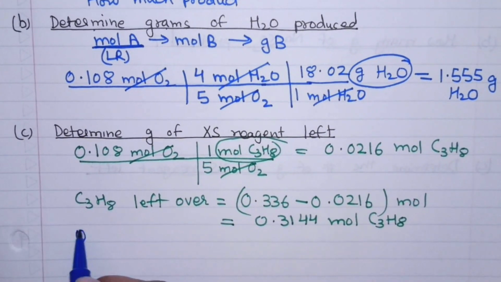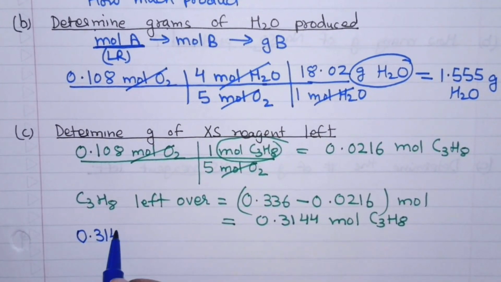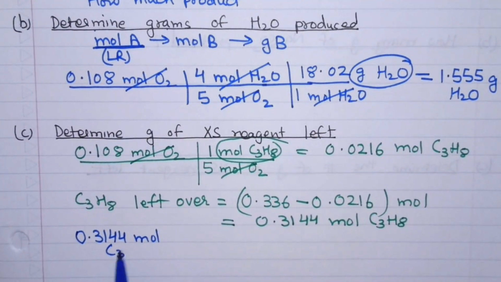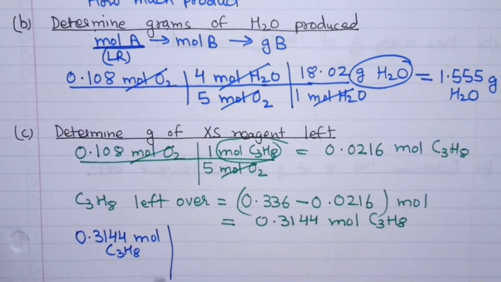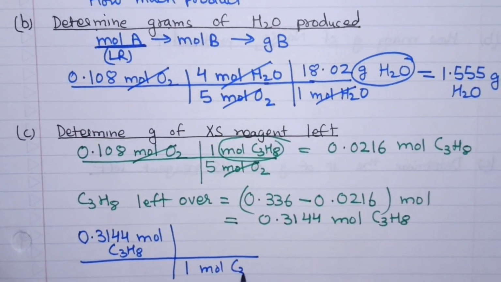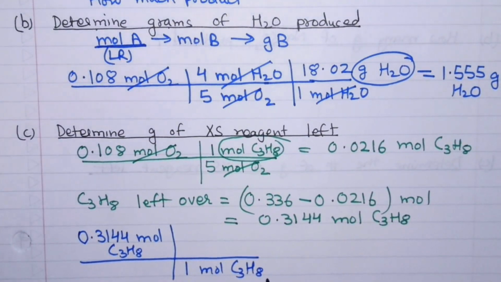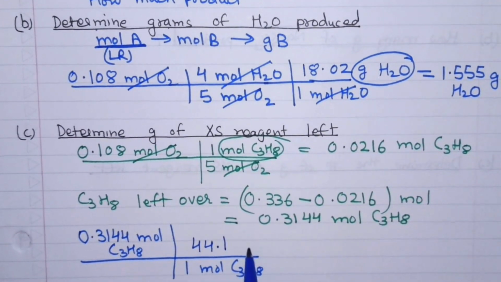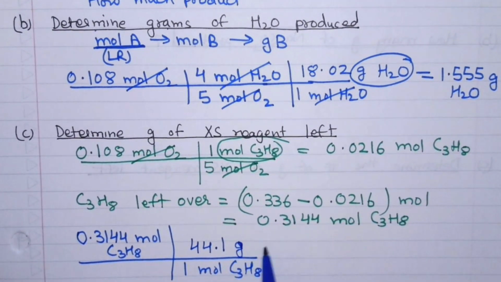So convert 0.3144 moles of C3H8 into grams. 1 mole C3H8 equals the molar mass of C3H8 is 44.1 grams.